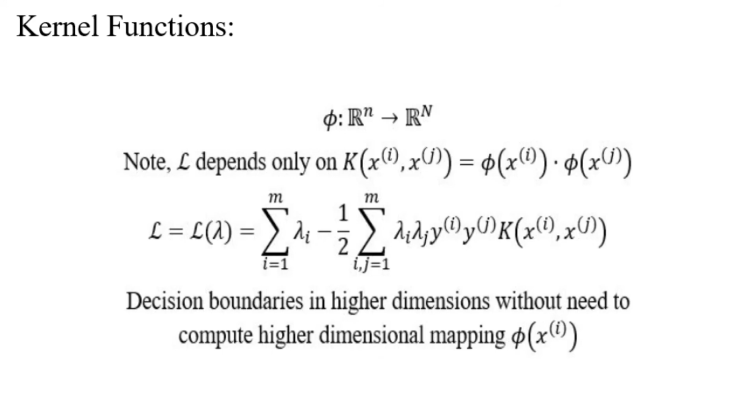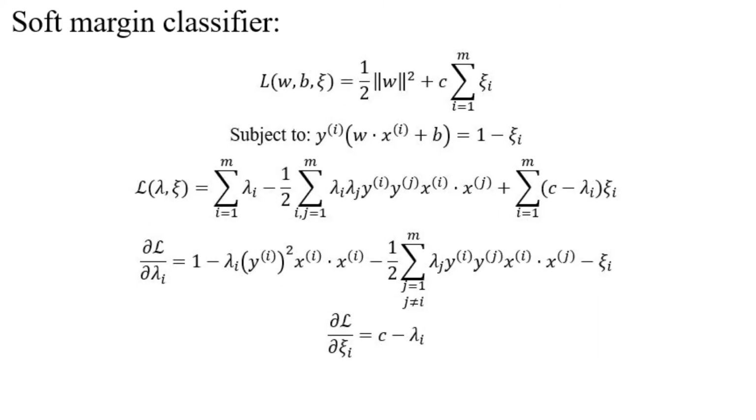Note that a decision rule uses the kernel function instead of the standard dot product, which is referred to as the linear kernel. Suppose we are okay with the data not being classified with 100% accuracy. This is the motivation of a soft margin classifier. The modification to be made with a soft margin classifier is that we introduce slack variables xi_i, along with a hyperparameter c.